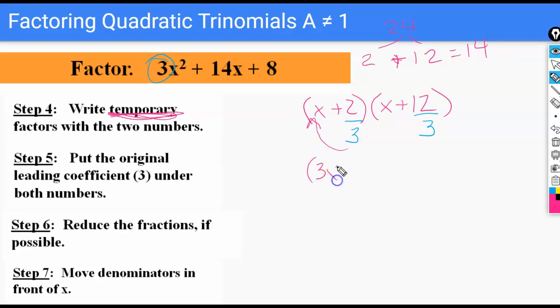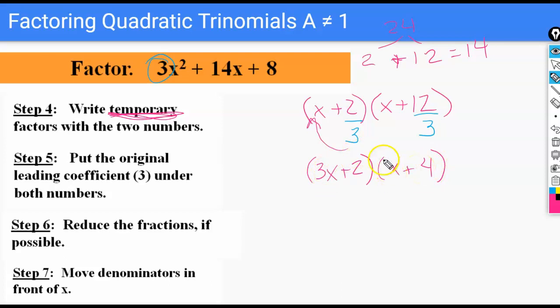So that would be 3x plus 2. Now 12, sometimes it does divide. And so whatever that turns out to be, this is just x plus 4. So that's where that 3 came from. And so here it didn't divide, so it moved up to the front. Here it did divide, so it just stayed 4.